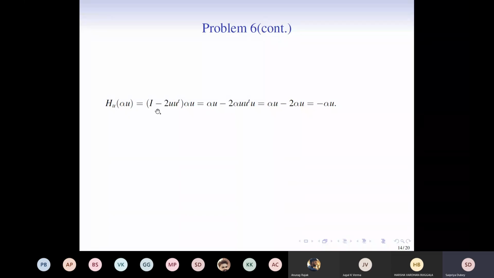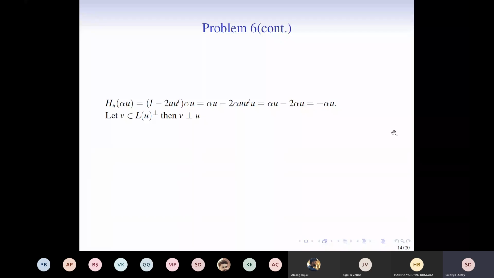HU is just I minus 2 U U transpose times alpha U. That is equal to alpha U minus 2 alpha U U transpose U. Again we use the fact that U transpose U is equal to 1, which gives us alpha U minus 2 alpha U, which is equal to minus alpha U. So we have seen how HU acts on alpha U: the action of HU on alpha U is just minus alpha U.